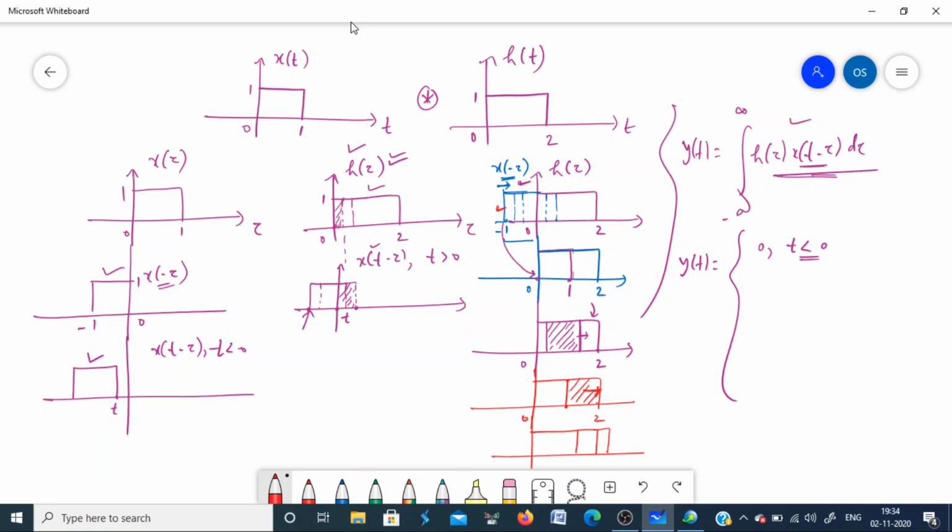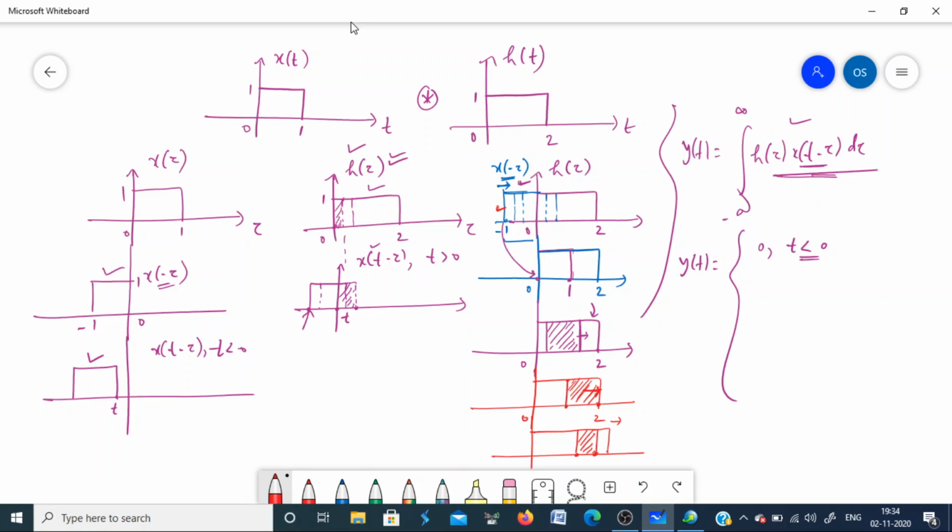Now this small box which was fitted inside this h of tau will shift beyond the uppermost edge of this function, and you will get only this common overlapping region. It means now we have limits of integration from this point to this point only. Beyond this it is 0.